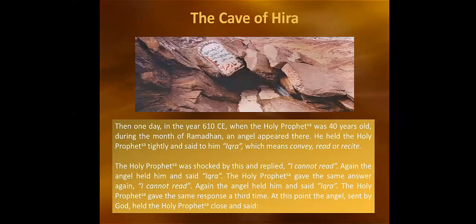The Holy Prophet ﷺ was shocked by this and replied, "I cannot read." Again, the angel held him and said, "Iqra." The Holy Prophet ﷺ gave the same answer again, "I cannot read." Again, the angel held him and said, "Iqra." The Holy Prophet ﷺ gave the same response a third time.